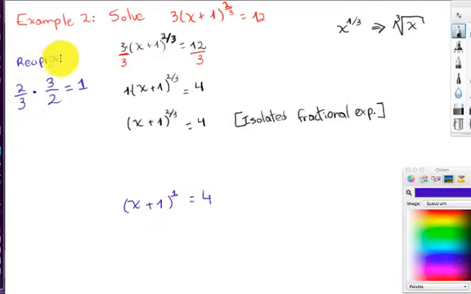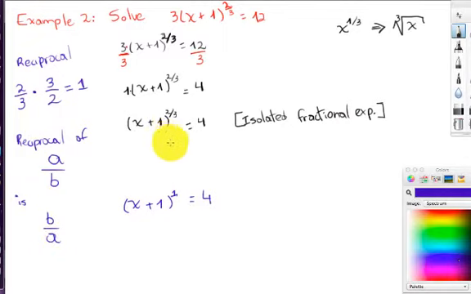And what I mean by reciprocal is the same fraction flipped. Reciprocal of A divided by B is B divided by A.